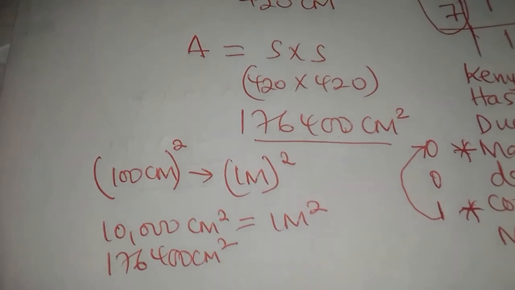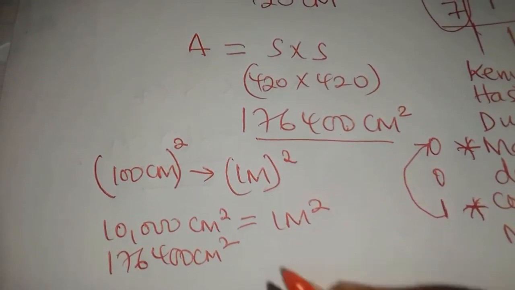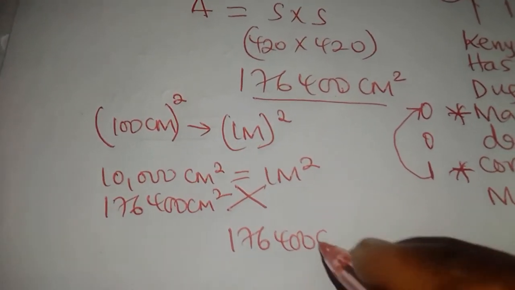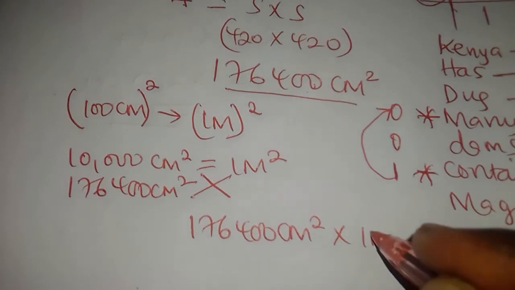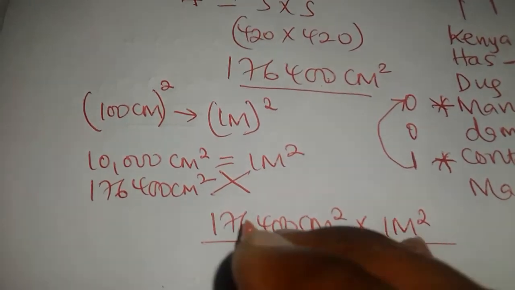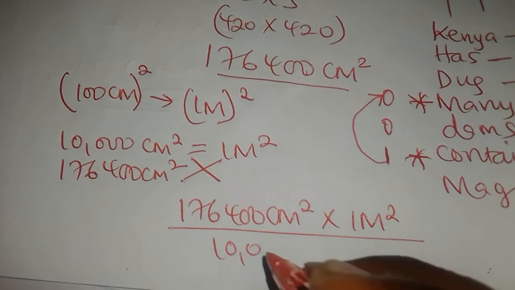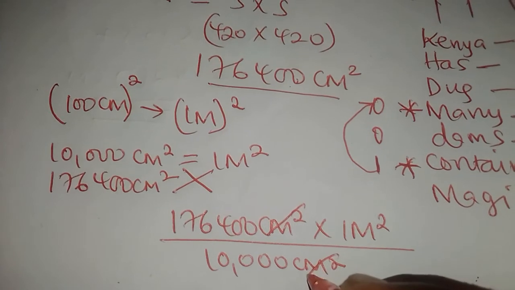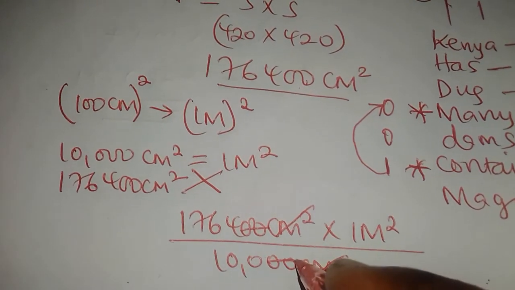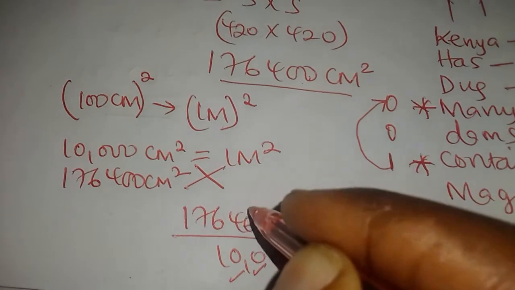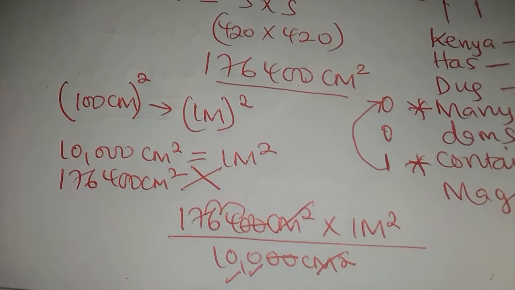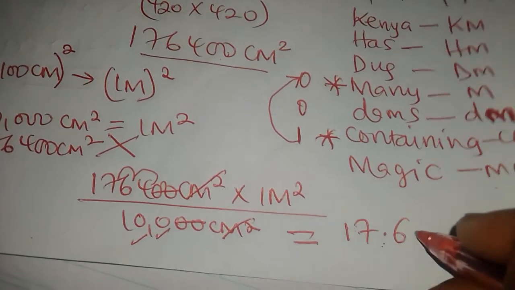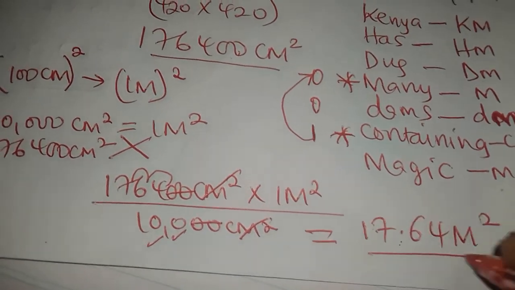The question demands that we get our answer in meters squared, so I cross multiply: 176,400 centimeters squared multiplied by 1 meter squared, divided by 10,000 centimeters squared. The centimeters squared disappear, and 2 zeros disappear as well, so I move 2 steps to the left. The final answer is 17.64 meters squared.